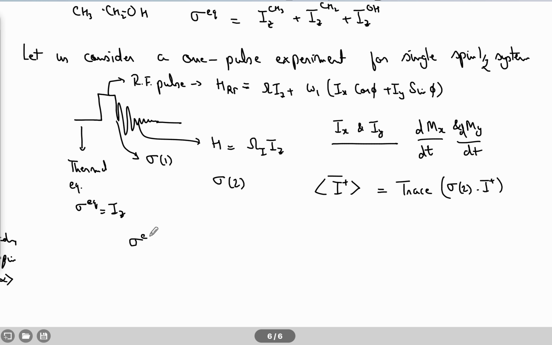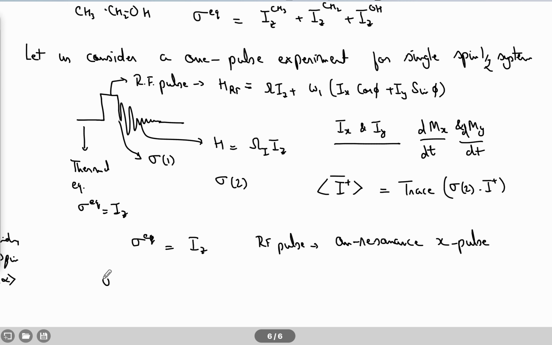Let's start with sigma EQ equal to Iz, and let's say my RF pulse is an on resonance X pulse. That means I know the phase value, and I know that capital omega is 0, so this is an on resonance X pulse now.